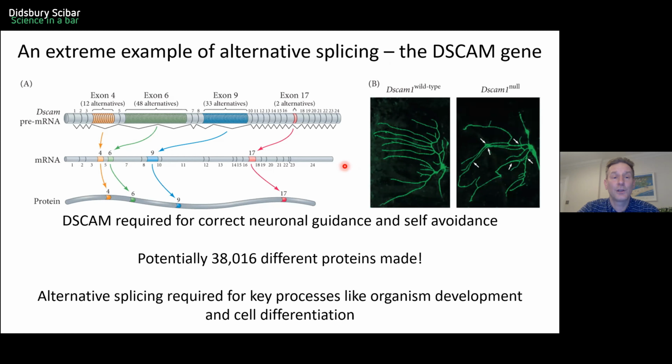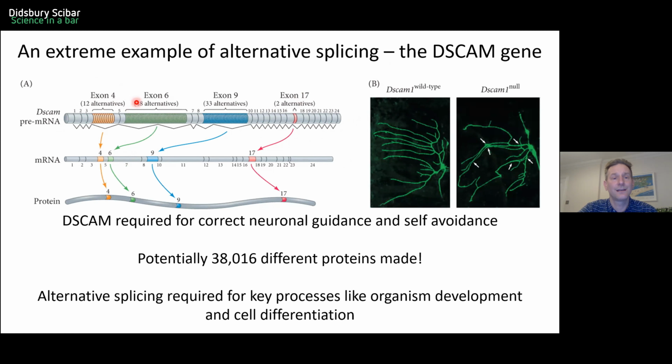important. Now, if you look at the structure of this gene here, it's really complicated. It has 24 different exons. So 1 to 24 here, and then the introns aren't even shown because there are these little lines in between here. But the interesting thing here is there are these 4 exons. So exon 4, exon 6, exon 9, and exon 17.